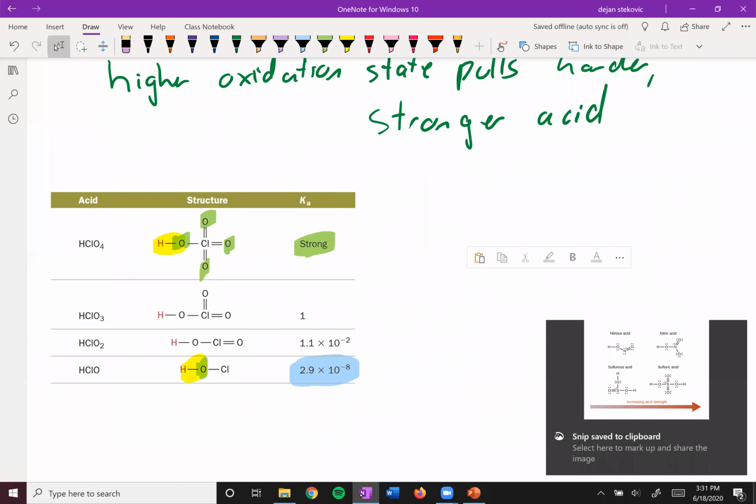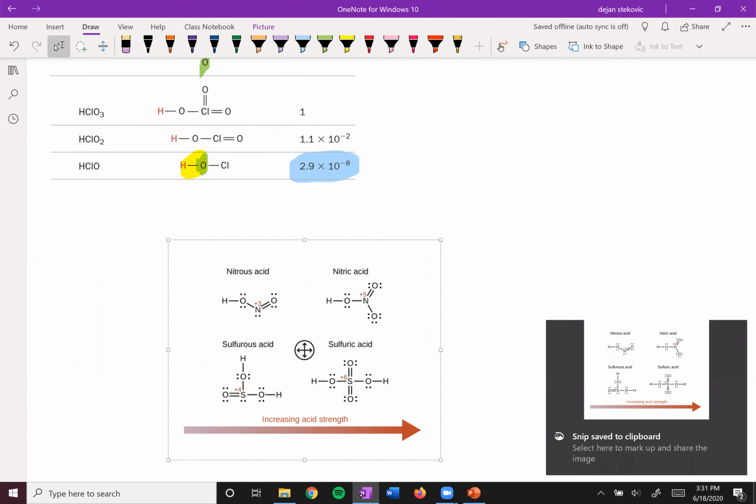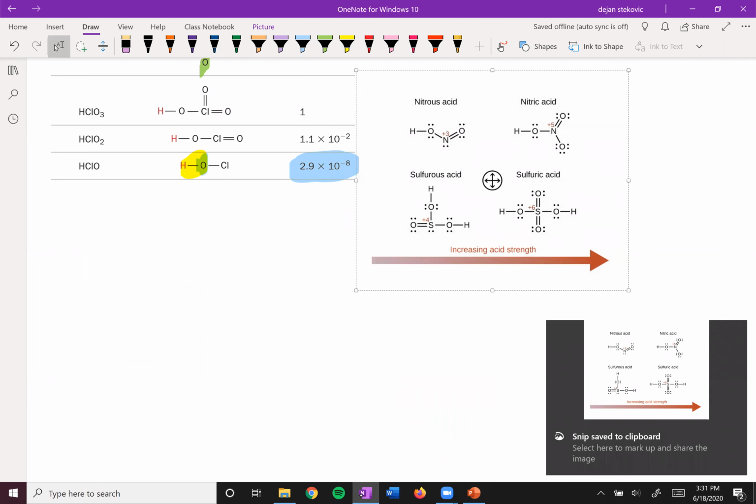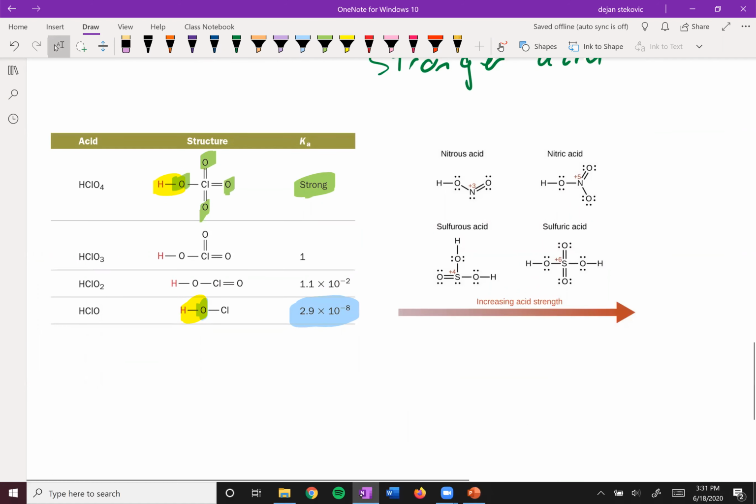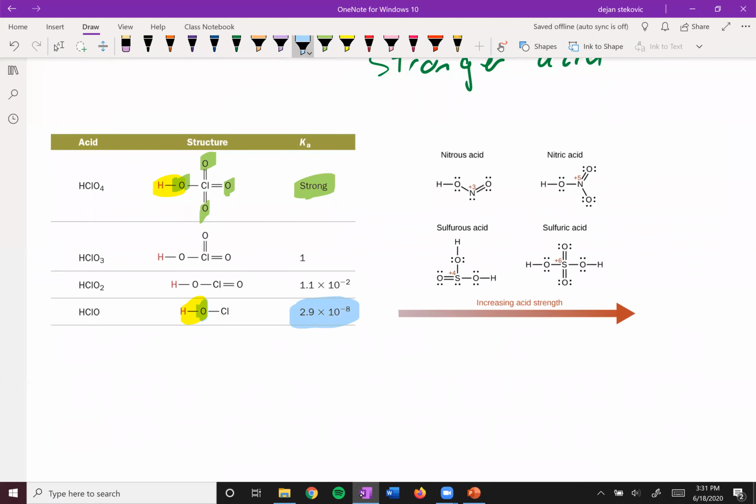And same thing for other oxyacids as well. Of course, you want to compare only the same element. So you can compare, for example, nitrous acid and nitric acid to each other, right? Or you can compare sulfurous acid to sulfuric acid, right? The higher the oxidation state, the more acidic it is overall.